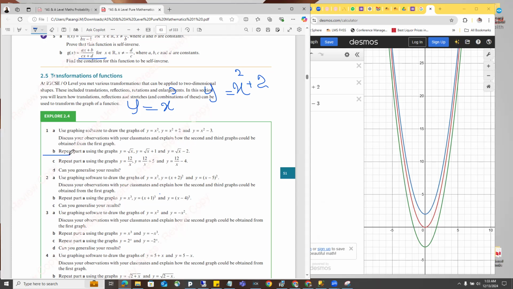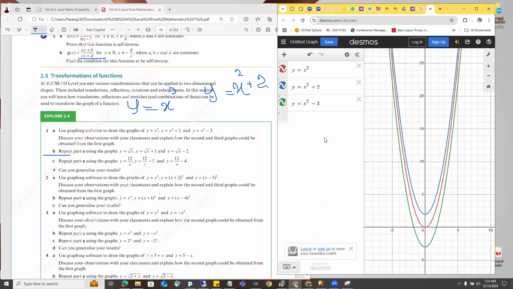Now for part B, repeat part A using these graphs as well. If I draw these, we can use the same thing, but here the power becomes half.